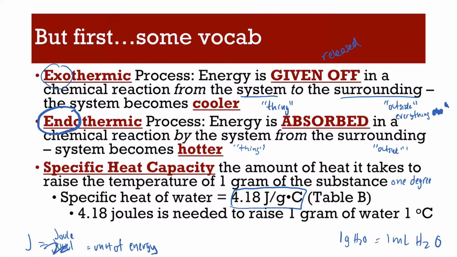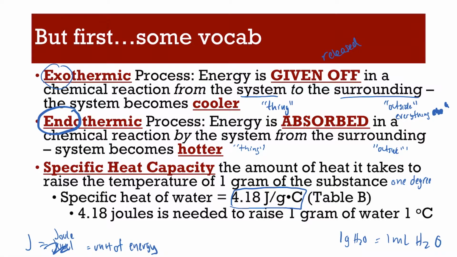So relatively speaking, water has a pretty high specific heat value. And so if we're talking about metals, the specific heat values for metals are generally a lot lower. And so you kind of already know this. If you were to put something metal outside and a glass of water outside, given the same temperature, the metal would heat up a lot faster because of that lower specific heat.